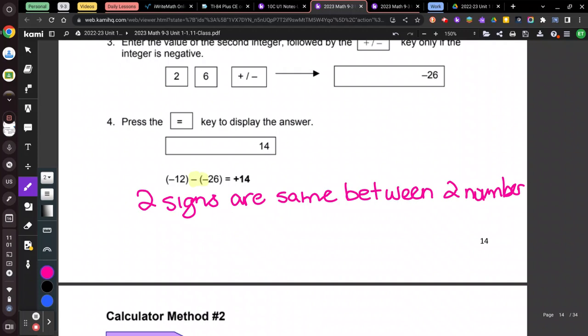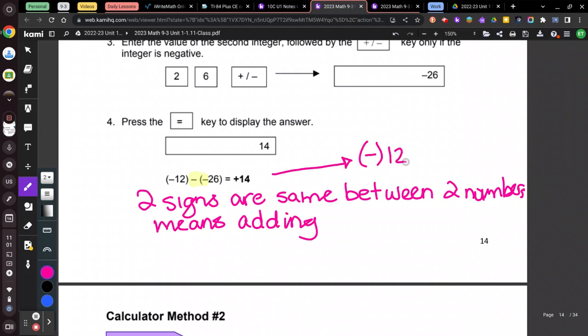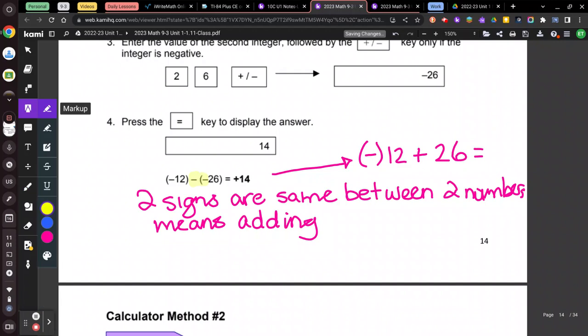Between two numbers means adding. So you could also stick it in the calculator as -12 plus 26 equals, and you'll get the exact same answer. So whenever you've got two identical signs in the middle, you can change them to pluses, and they would both turn to plus.